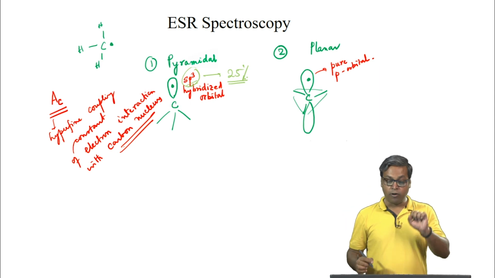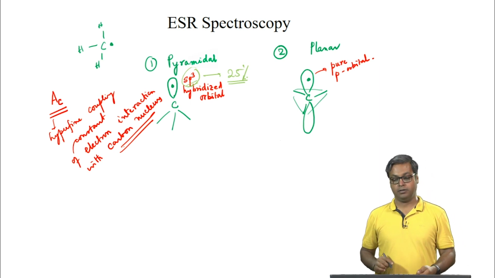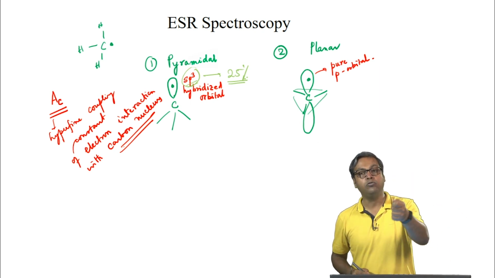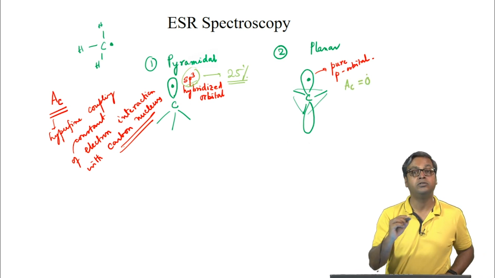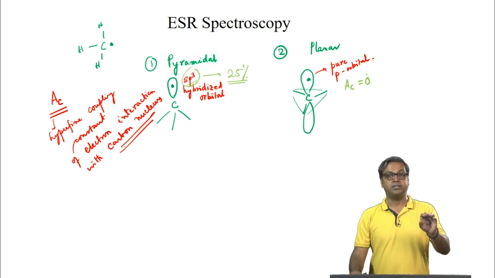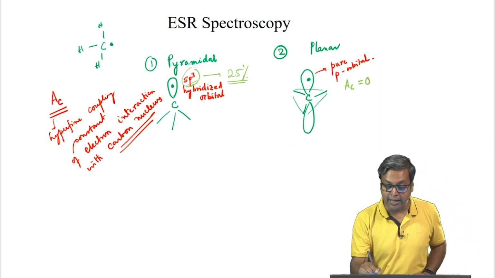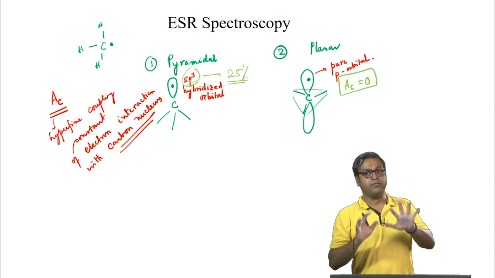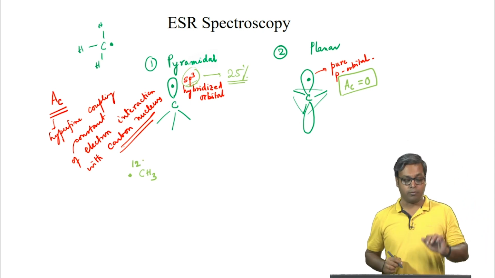On the other hand, for the planar structure, the unpaired electron is in the pure p orbital, and as we know, the pure p orbital has a node at the carbon nucleus. So, this should make the A C equal 0, and because it has a node, there should be no interaction between the electron and the nucleus. So, we cannot obtain the value of A C if we take a CH3 radical with 12 carbon.